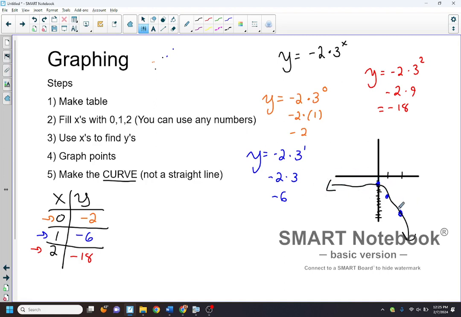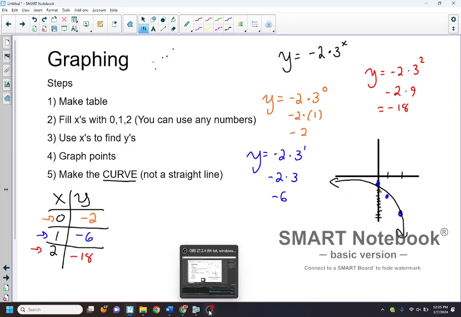It should not look like something like this. This is completely wrong. Once again, it should be some kind of curve like this. So Mr. Toe, it's always a curve in this section, always a curve. Okay? 100%. Okay.